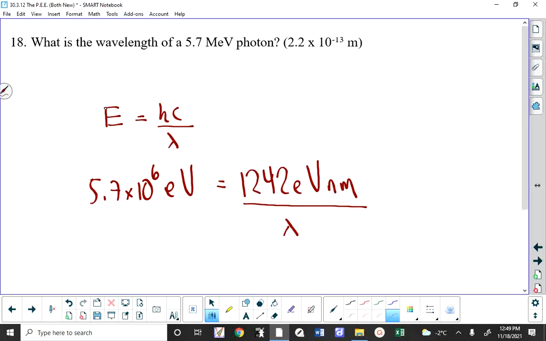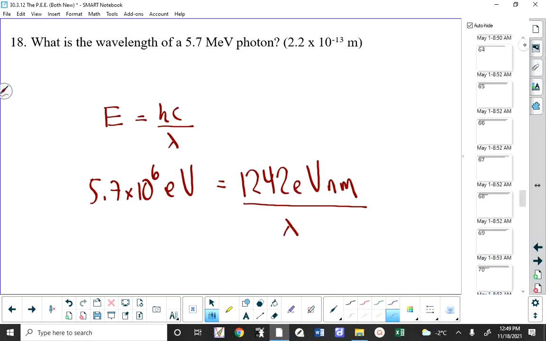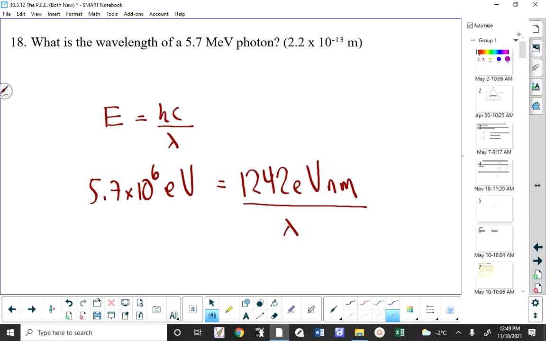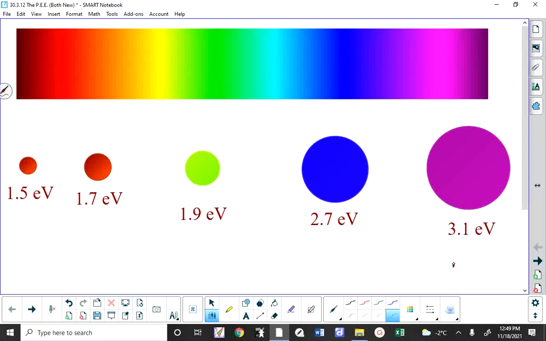It's 5.7 million electron volts. Visible light, I'm going to go back to the diagrams, some of them that I've shown you before. Here are some typical run-of-the-mill electron volt energies of visible light photons. So clearly 5.7 million electron volts is not visible light. It's probably gamma. In fact, I'm pretty sure it is gamma.